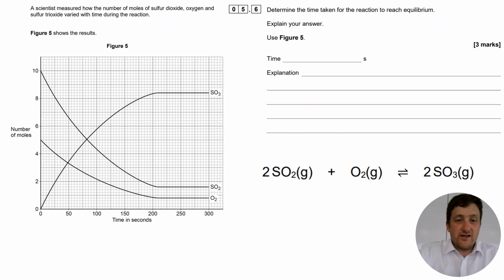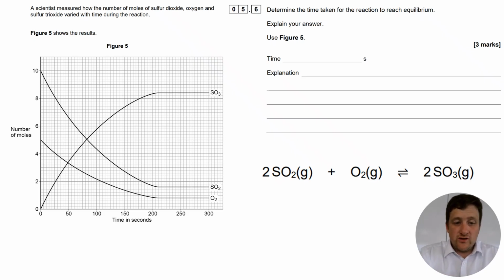Determine the time taken for the reaction to reach equilibrium. Now this is important. Equilibrium is that point at which, although reactions are happening, the number of moles, or the concentration of products and reactants, are going to be static to a certain extent. They're not going to change massively. So we need to find a time.